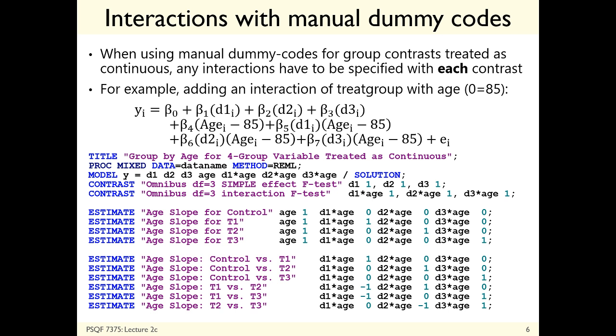What is it interacting with? Age, yeah. So this is a group difference at age 85. It would be different somewhere else. So it's the effect of group holding age constant, and not just constant, constant at 85.